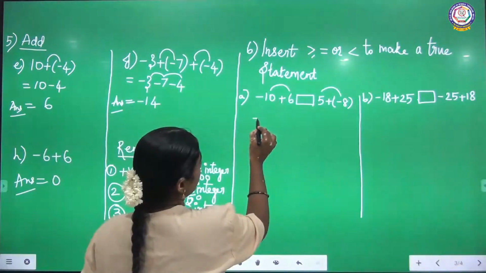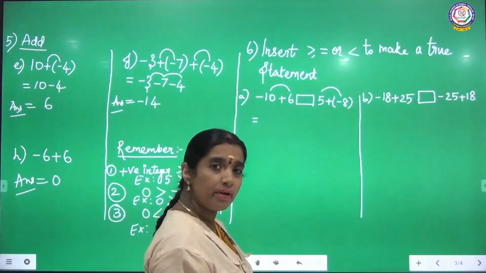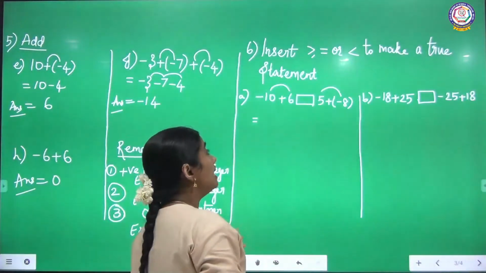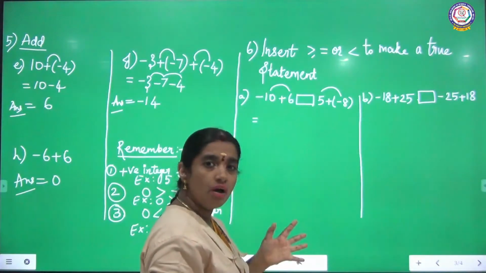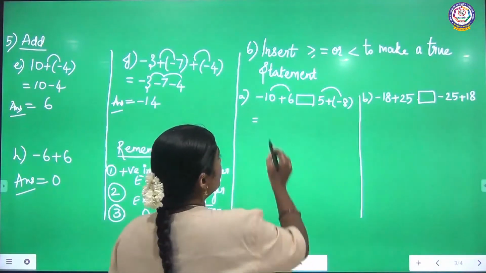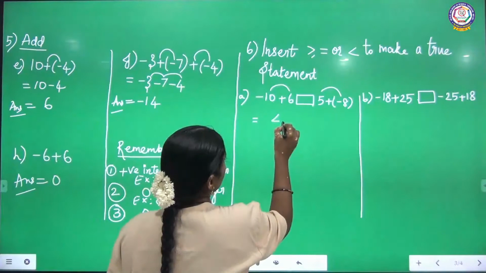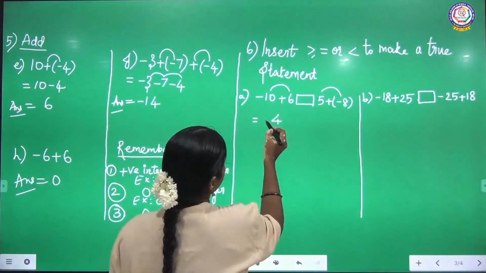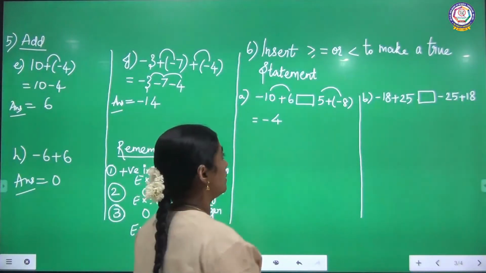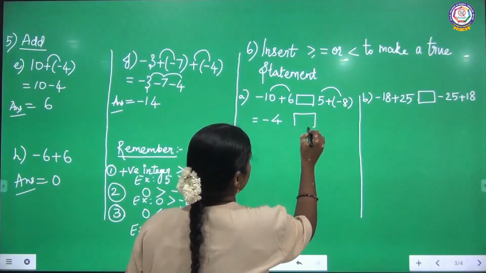See, listen children, minus 10 plus 6: alternate integers, that is a negative integer as well as a positive integer. So, obviously I am going to subtract this. 10 minus 6 is 4, and the more negative integer is 10, so for that I put the minus symbol there and make a box.